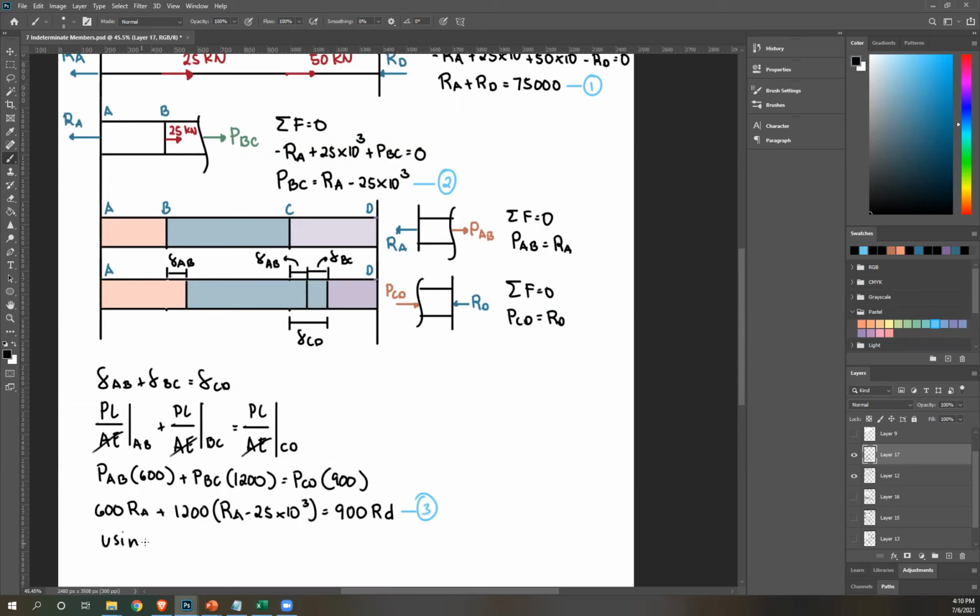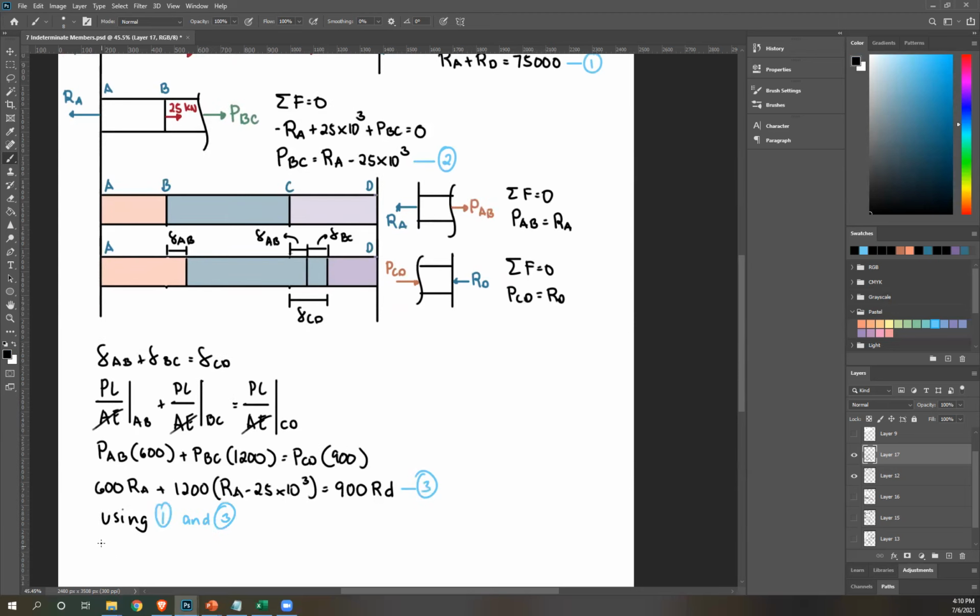So using 1 and 3, you can solve for RA. And again, RA is 36.11 kilonewton, but our units are in Newton. So that's 36,111.11 Newton. Okay? Again, 36.11 kilonewton.